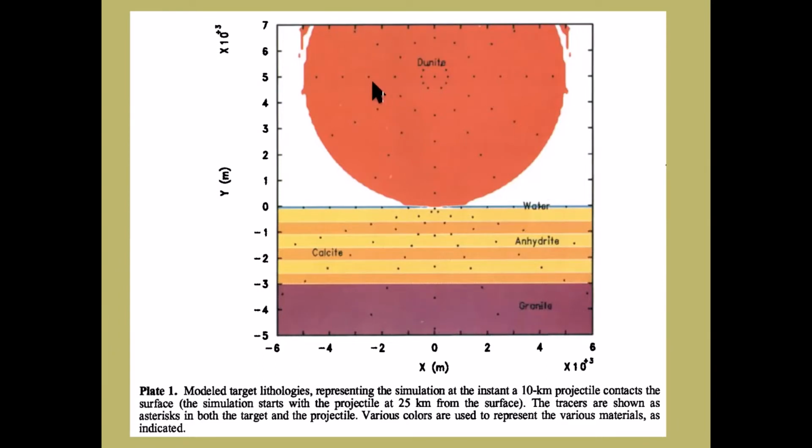She modeled this as being dunite, which is basically an olivine asteroid. And you can see it's orange, and it'll look that way in the simulation. The orange will be asteroid. The lighter colors will be layers of sediment, and the darker stuff will be the granite. And this is actually a very oversimplified model. It's coming in at a 90-degree angle. It's a two-dimensional model. It's not even three-dimensional, but that's about what our computers could handle.